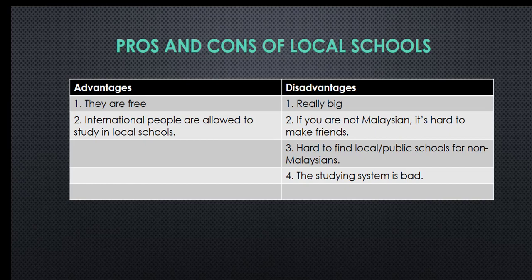These international school types go around the world. If you have a degree from those international schools, you are allowed to study or get work anywhere in the world. But if you studied in a local school in Malaysia, it's really hard. It's not impossible, but it's really hard for universities outside Malaysia to accept you and let you study, or even to find jobs in other countries.